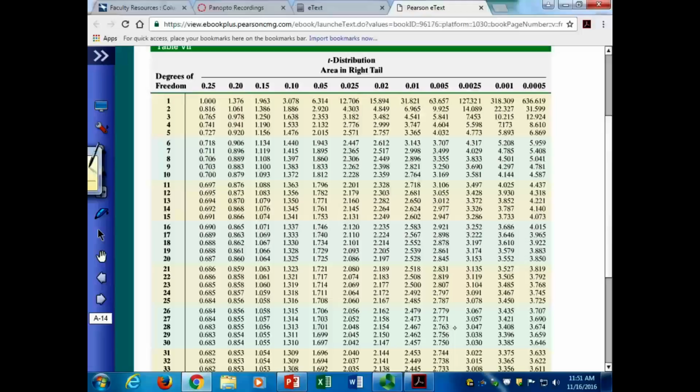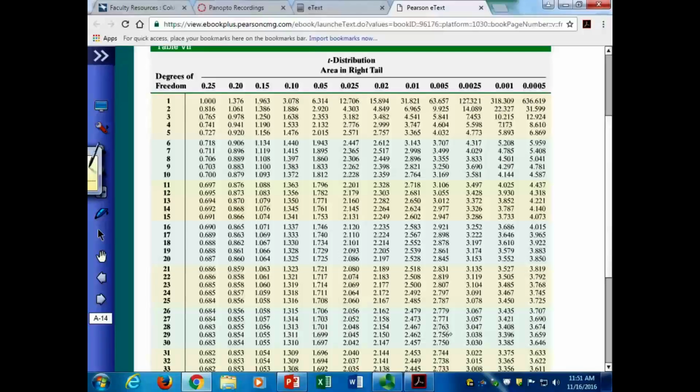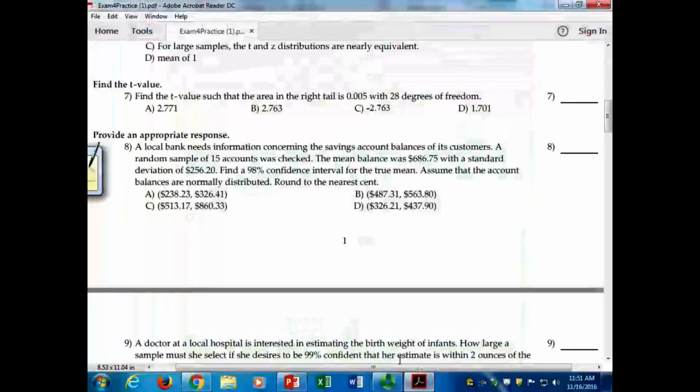I'm seeing 2.763. Yeah, right there. B, 2.763.